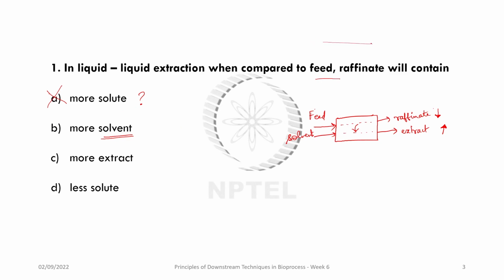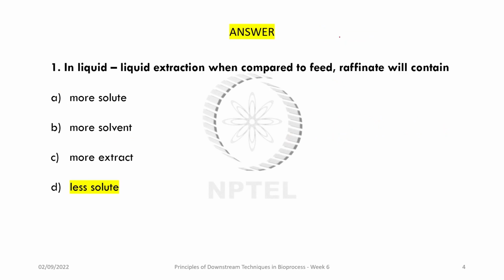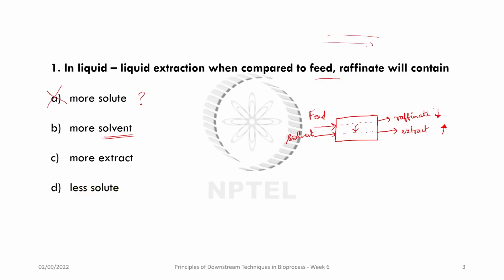Feed is a separate stream, solvent is a separate stream. It can be co-current or counter-current. And based on that, it is going to transfer from the feed into the solvent, right? Therefore, there is no topic of solvent present in the feed and the raffinate. So again, this is wrong.